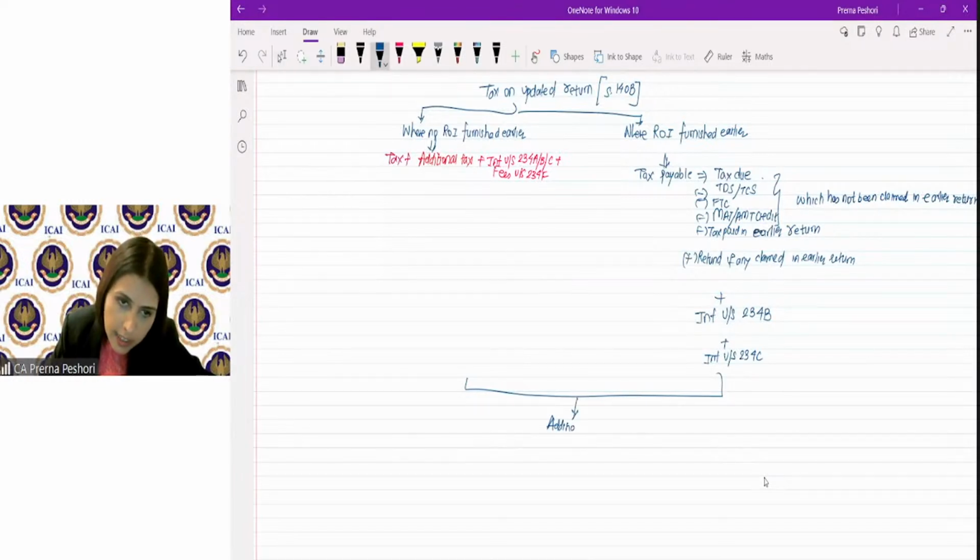the additional taxes. Now, what is the additional tax?